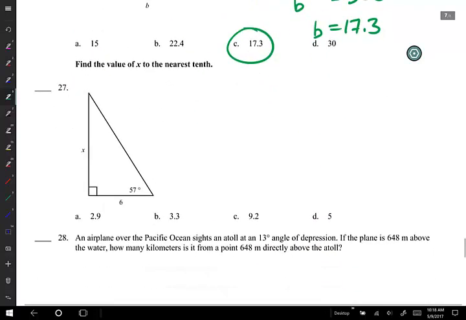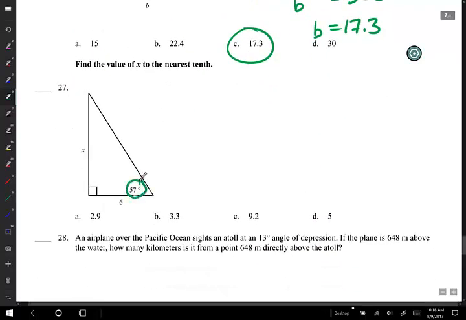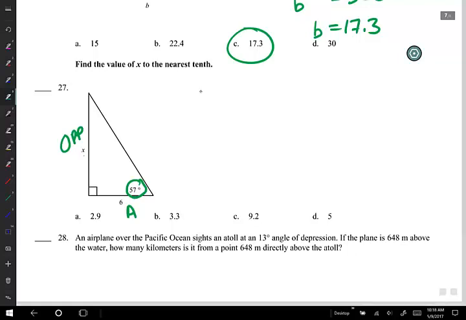All right, let's circle our angle. Compared to our angle, what word is the number 6? Is it adjacent? Is it opposite? It's adjacent. So I'm going to put an A there. What word is x? Opposite. So what function uses opposite and adjacent? Tangent.